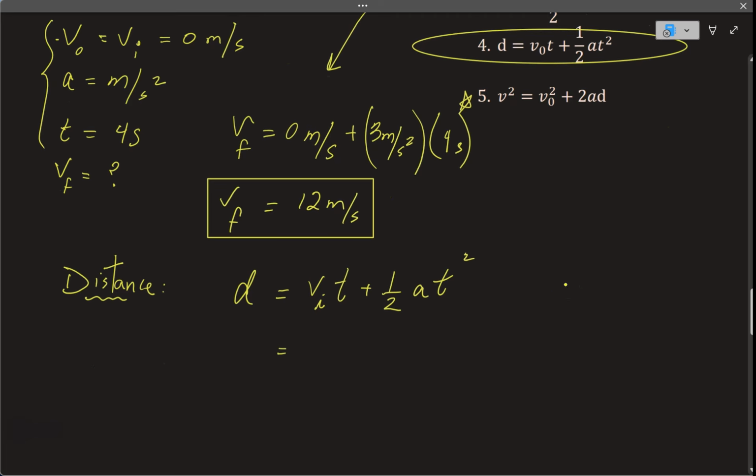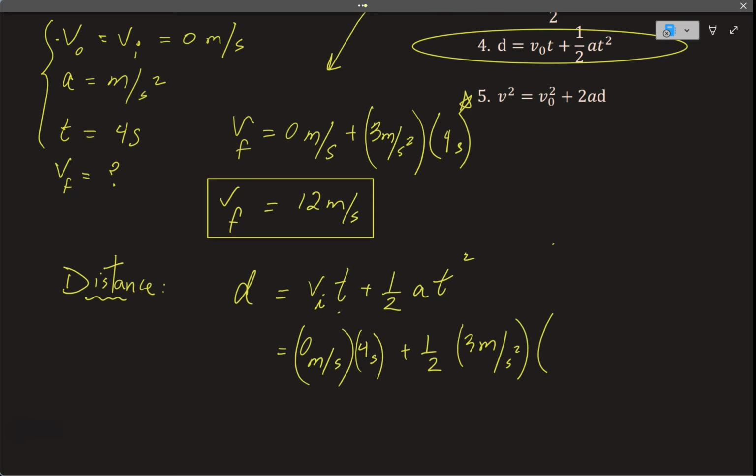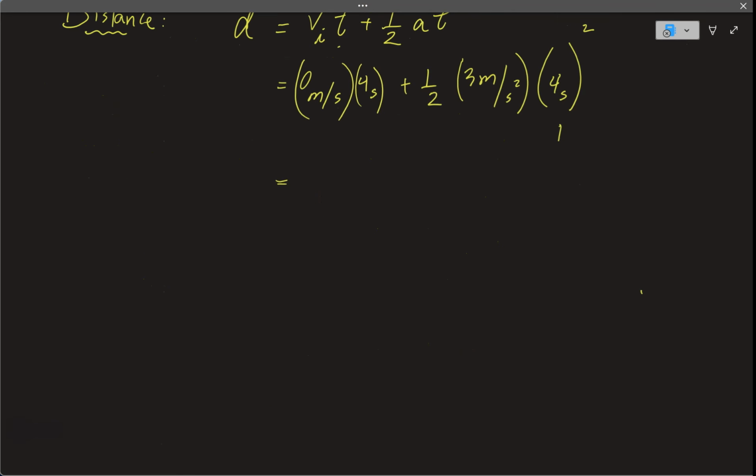We have 0 meters per second times 4 seconds, plus 1/2 times 3 meters per second squared times 4 seconds squared. When you do the math, you have 16 times 3, that's 48, divided by 2, that's 24, and the first part is 0 anyway, so it would be 24 meters.